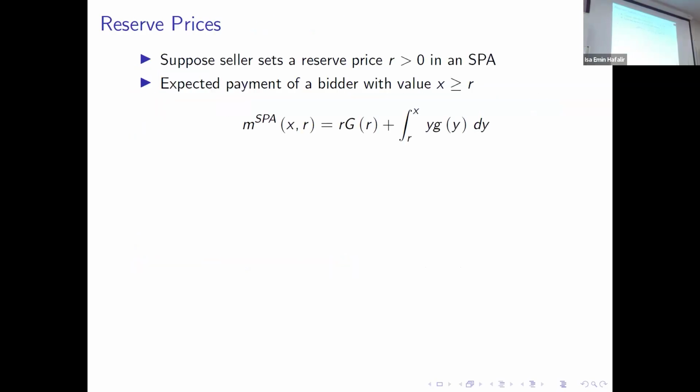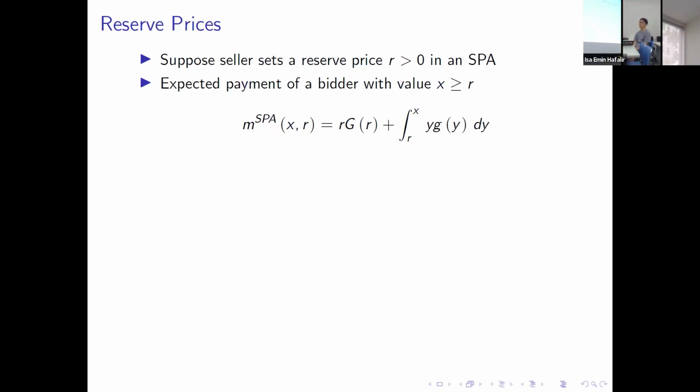Okay. So let's talk about one more thing. So far we considered the auctioneer to be quite inactive, other than choosing the auction mechanism. But in practice, they can also use one more thing called reserve prices. So what does the reserve price mean?